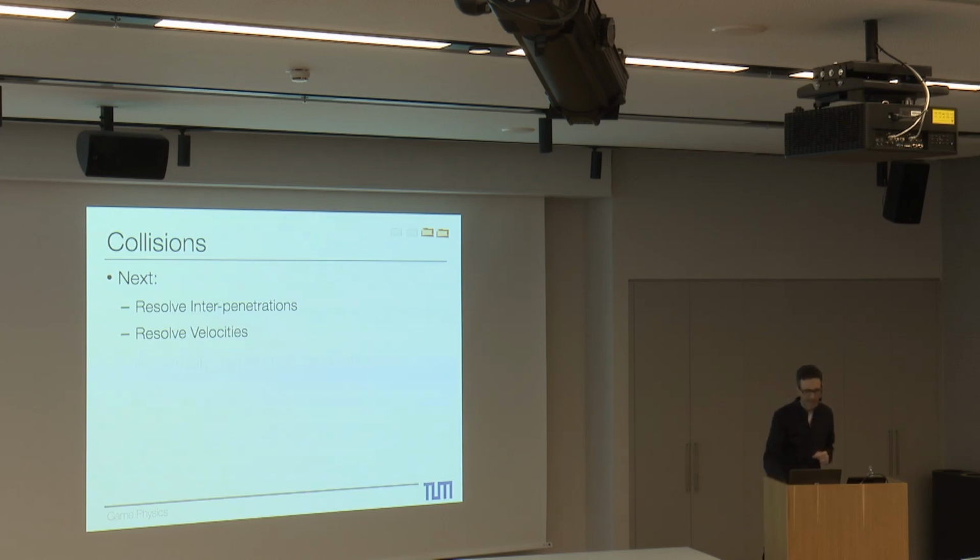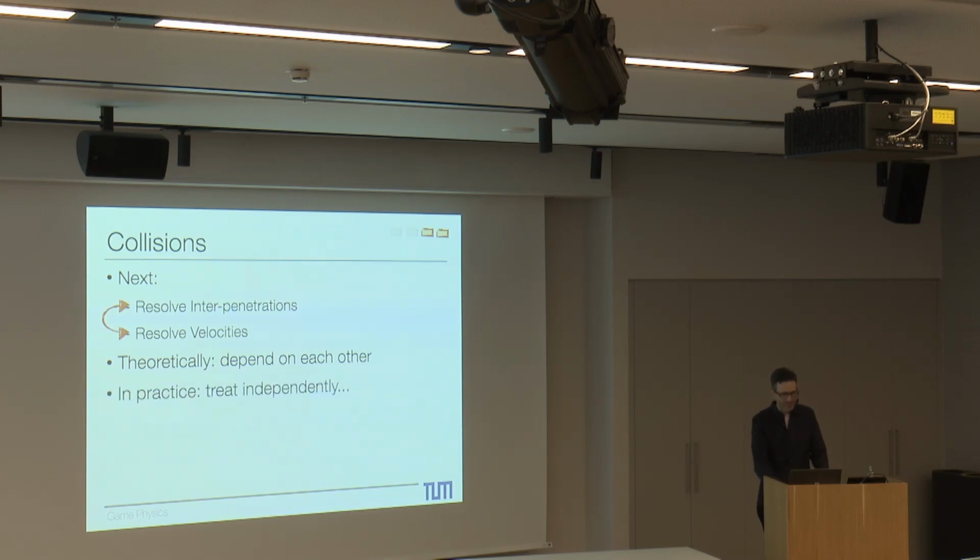They're typically coupled, as we also briefly mentioned, for resolving collisions with our impulse handling. But in practice, we can actually treat them separately, again, to avoid solving larger complex systems of equations in single time steps.